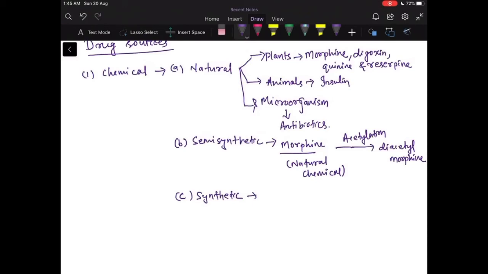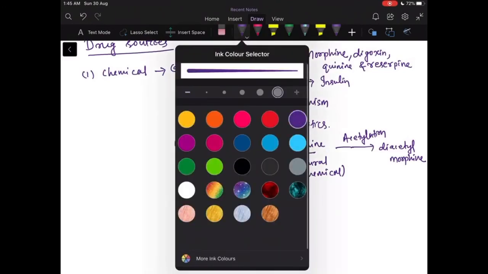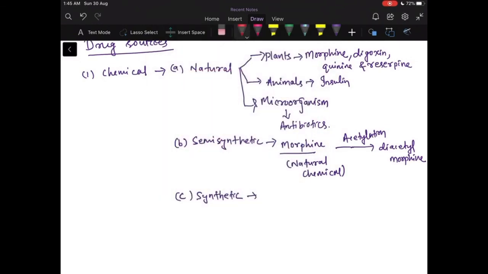The process by which the synthetic chemicals are produced is known as rational drug designing.